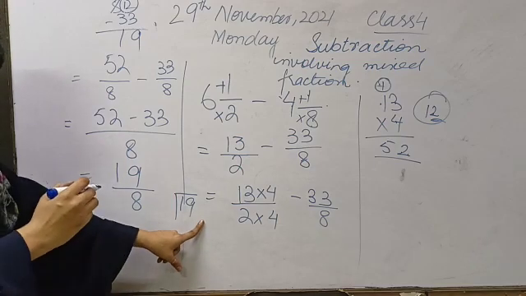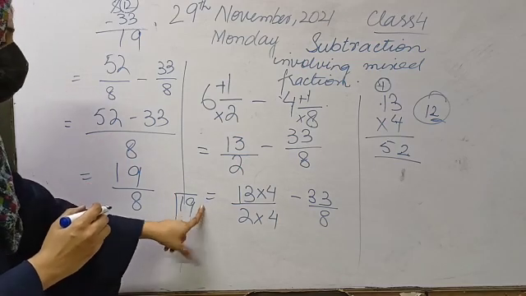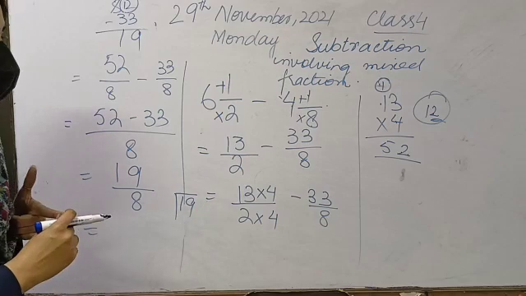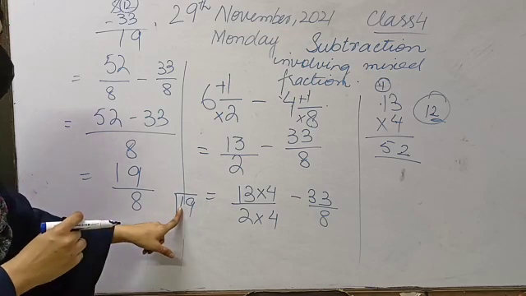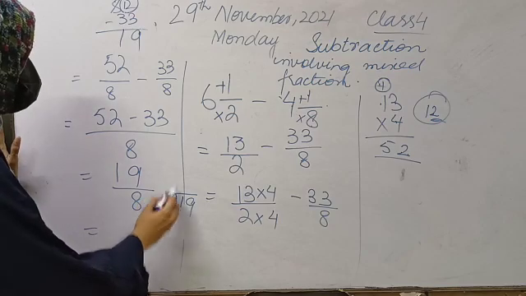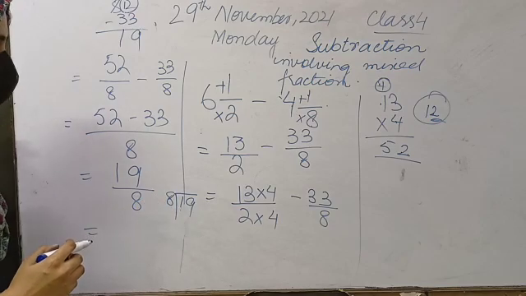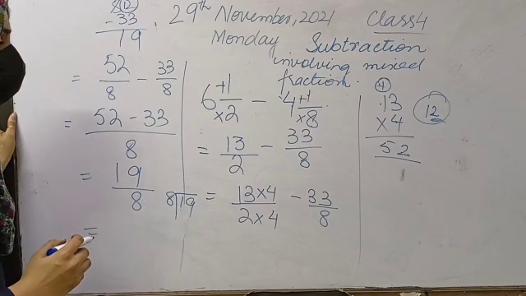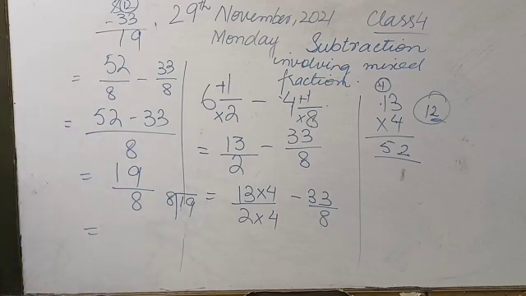We will always place it inside the division, which represents the dividend, and 8 will be the divisor. So I will read the table of 8 to get the nearest number to 19. So what would I do? I will simply multiply by 8 to get the nearest number to 19.